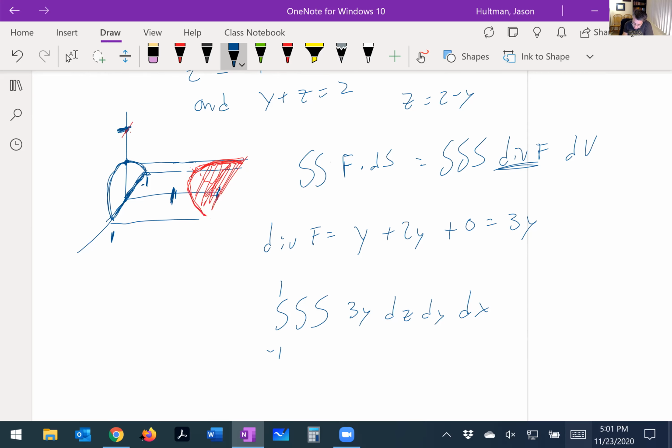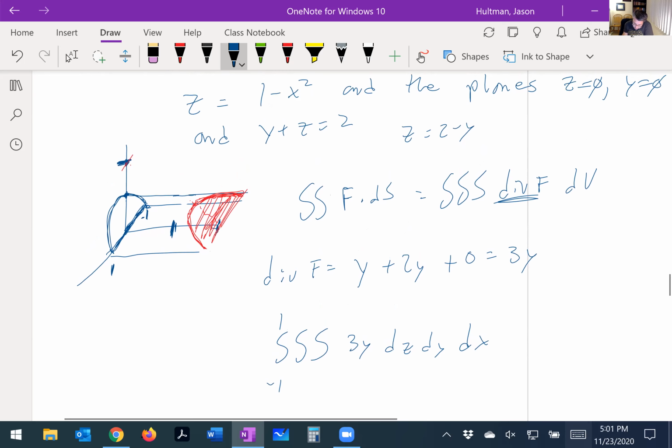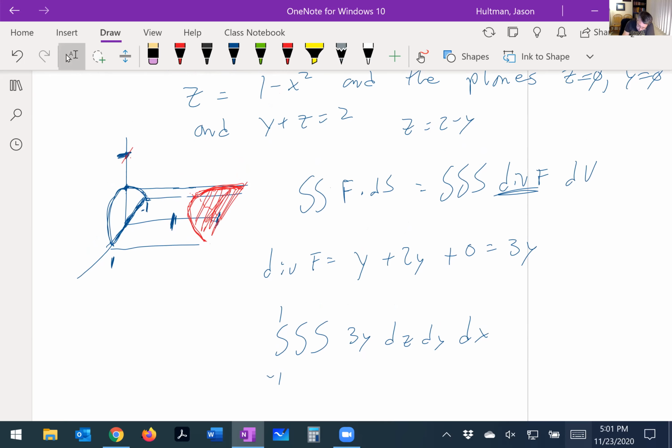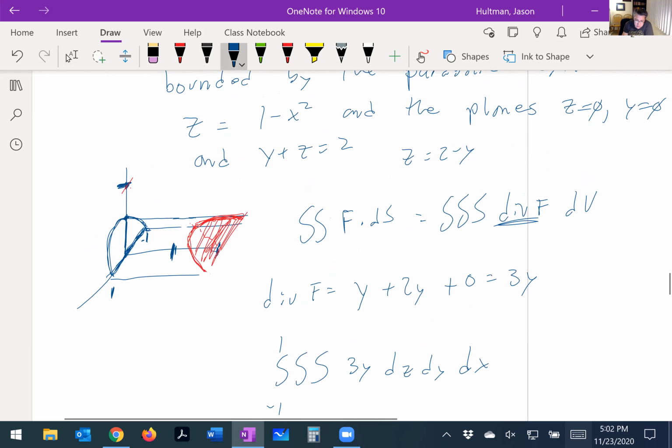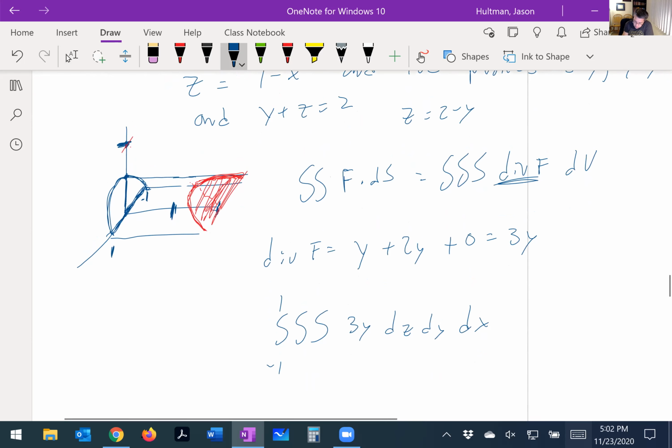Let's see. What's z going from? Z is going from 0 to, no. It looks like it's 1 minus x squared. Wouldn't you think?